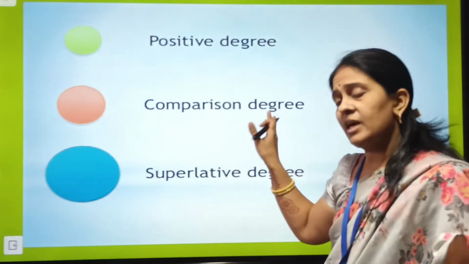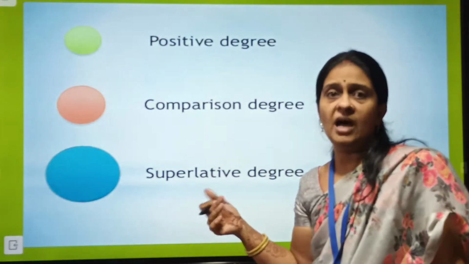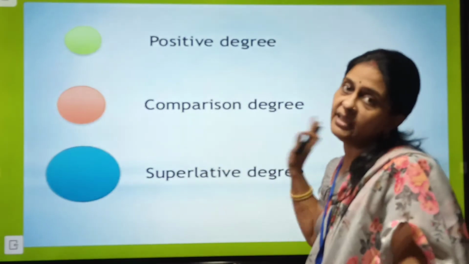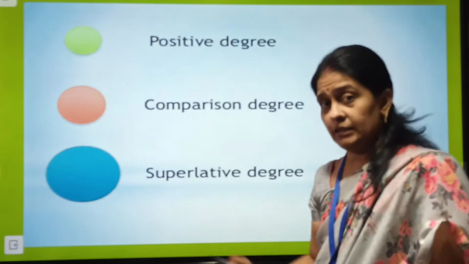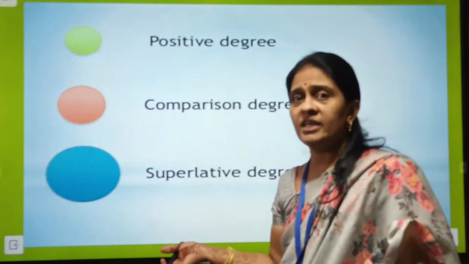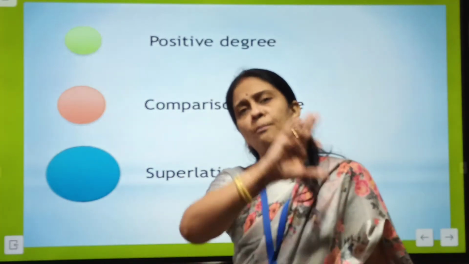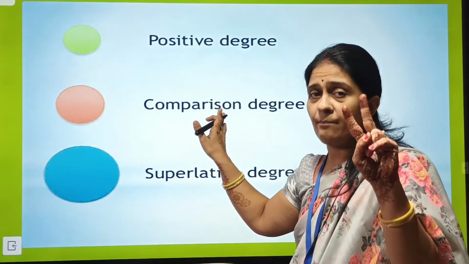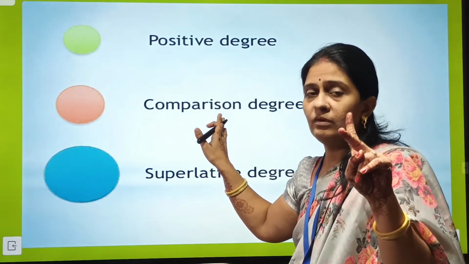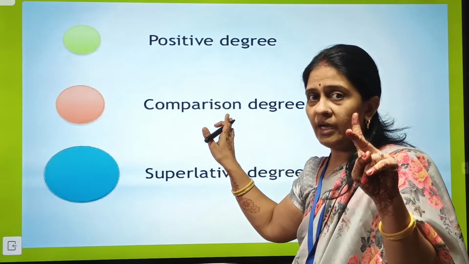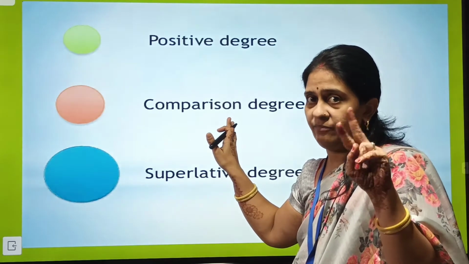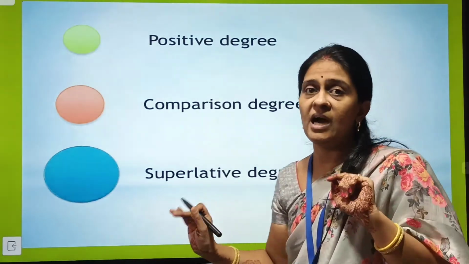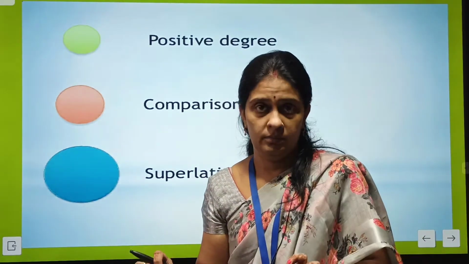But when we are comparing any person with another person, then we use the comparative degree. In comparison we compare with one person only. Okay, only two persons are compared with each other. But when we are talking about the superlative degree, we are talking as a whole.